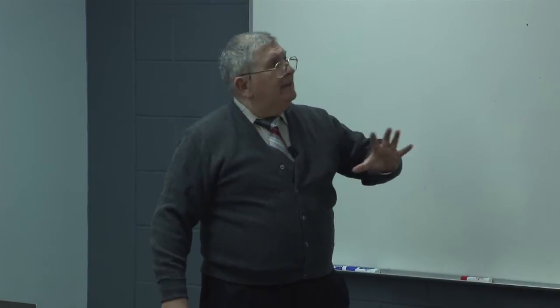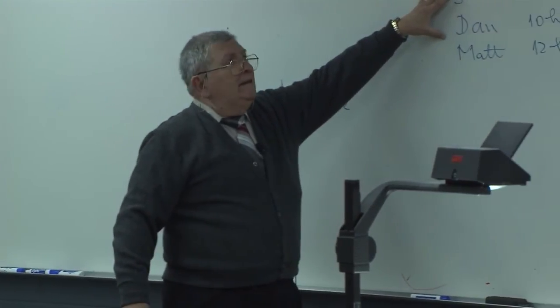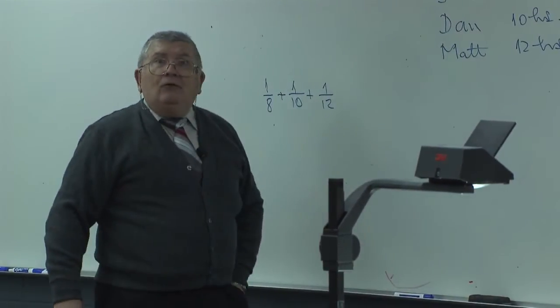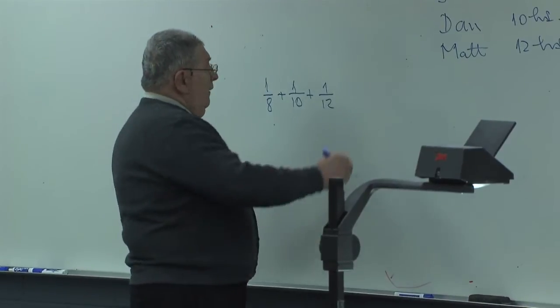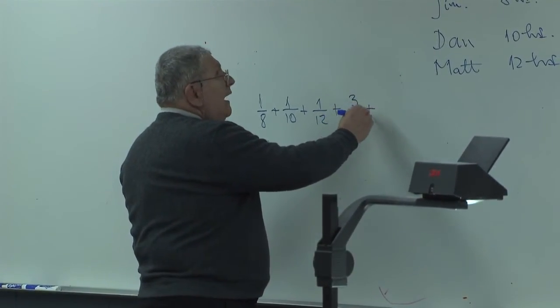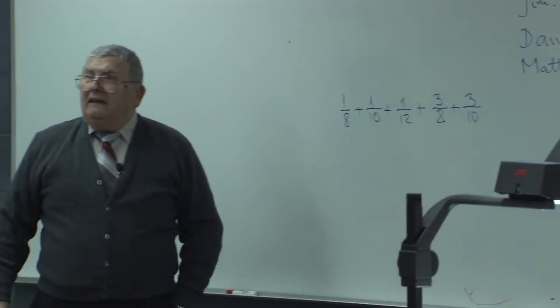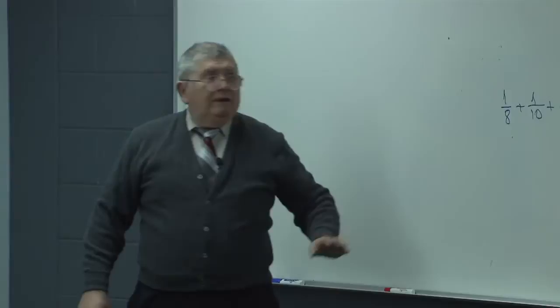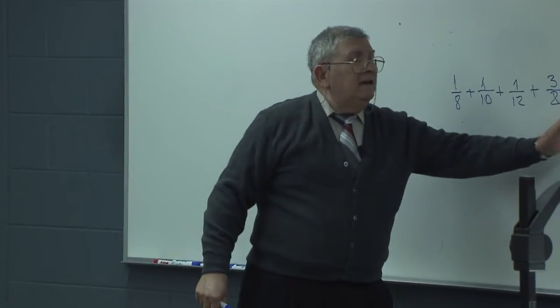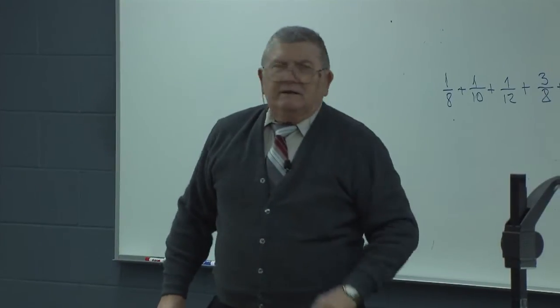After that, only these 2 guys work, but they work for 3 hours. So plus 3/8 plus 3/10. And this is the work done after working 1 hour and 3 hours.